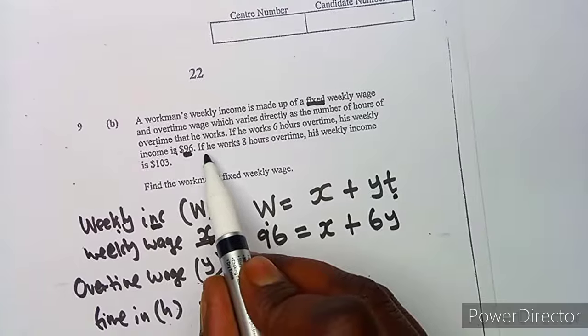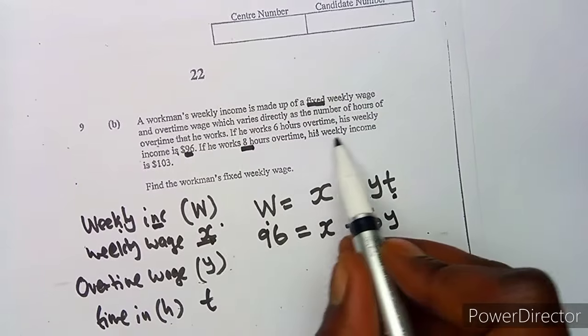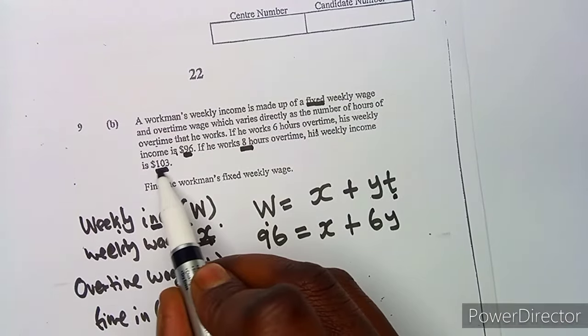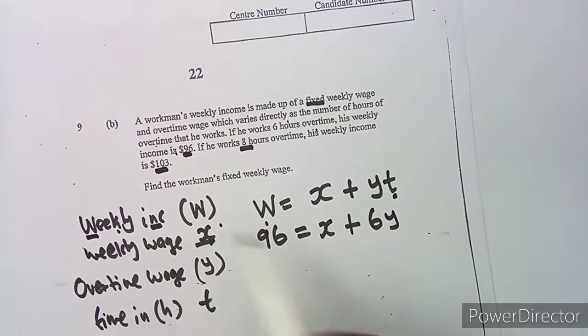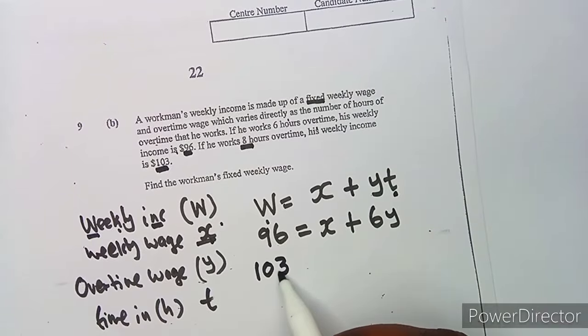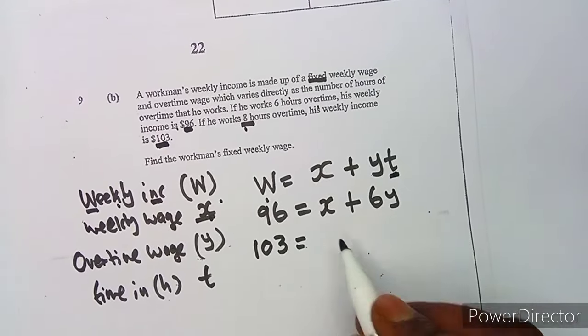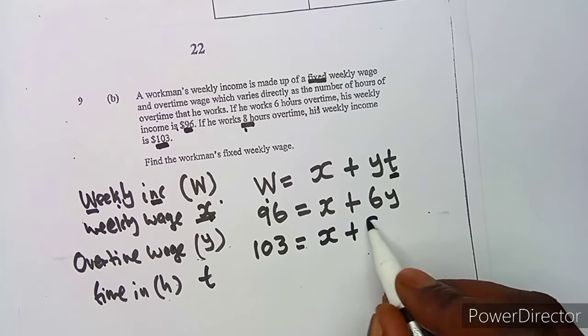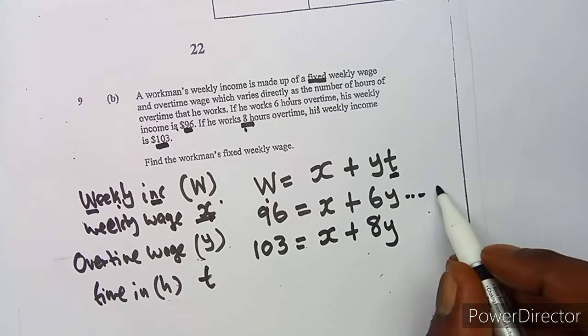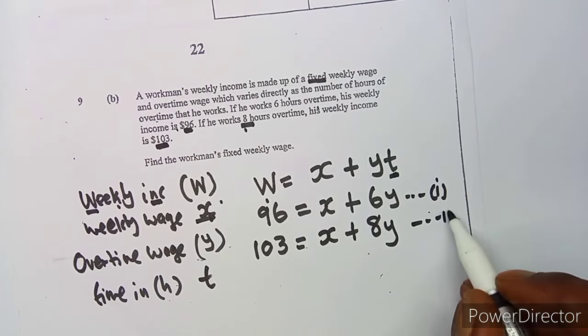If he works 8 hours, his weekly income is 103, so it's going to be X plus 8Y. So you formulated an equation like this.